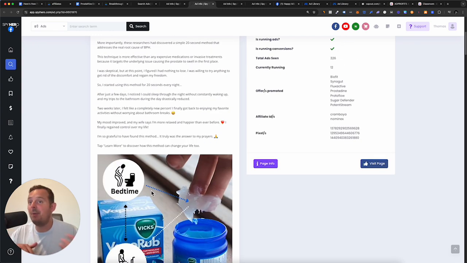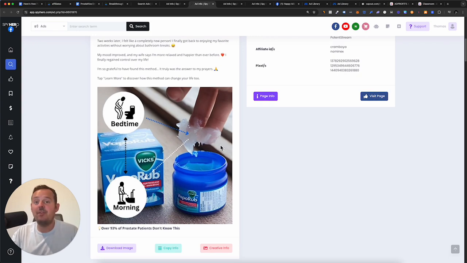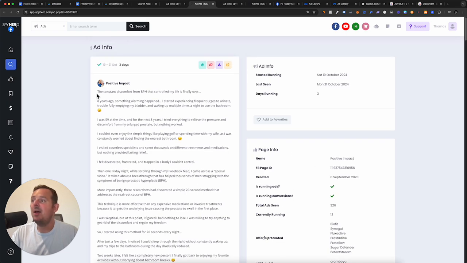If you don't want to, you could pay someone to do it for you very easily. You might even be able to just go to Midjourney or some of the AI tools out there and input what you want, show them some examples, and get them to give you some vectors that you can then overlay on a tub of VaporRub or whatever else you're going to utilize, right? Super simple, so easy to do.